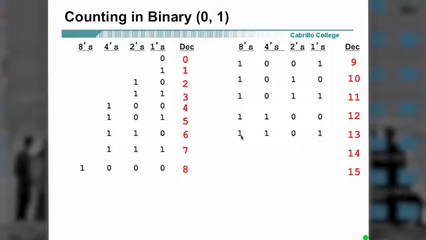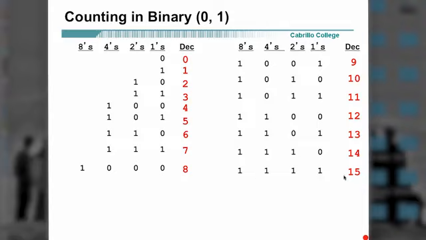So 13 is 1 eight plus 1 four is 12 plus 1 is 13. 14, 15. 15 is 1 eight plus 1 four plus 1 two plus 1 one. 8 plus 4 plus 2 plus 1 is 15.